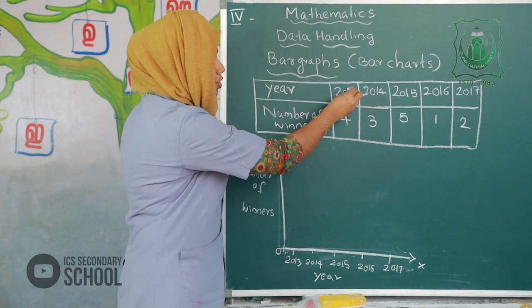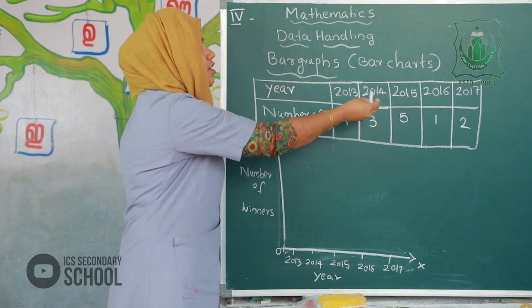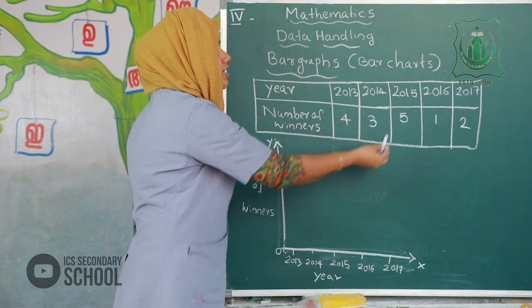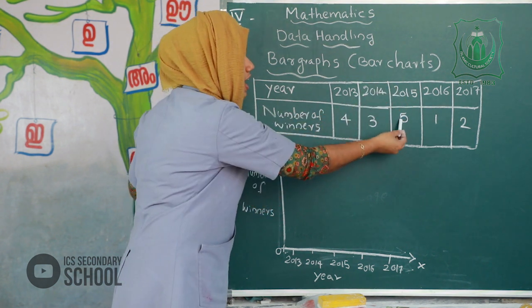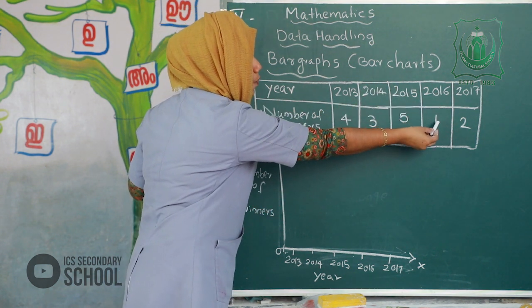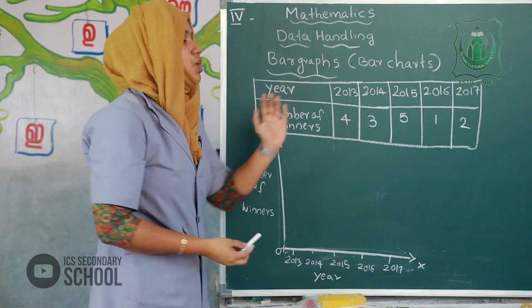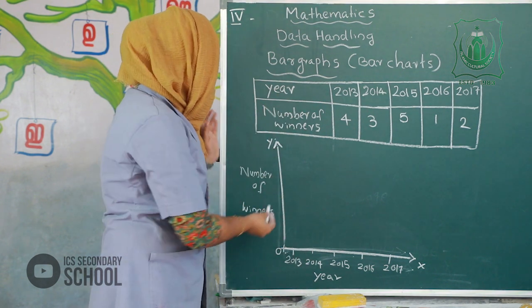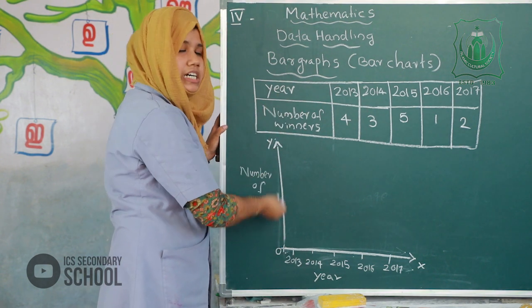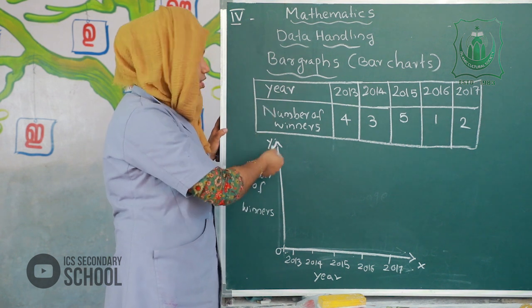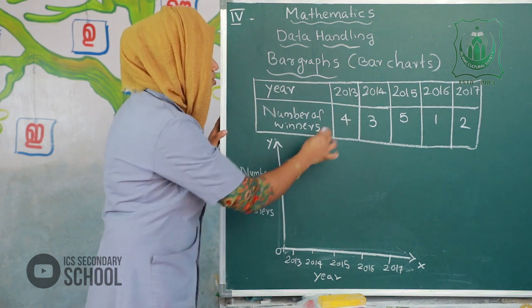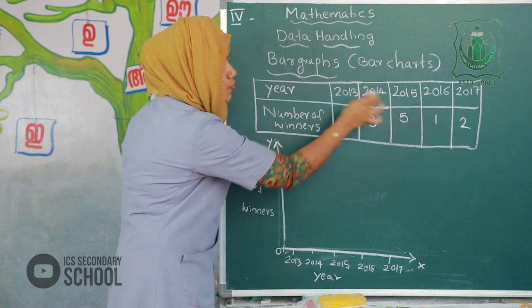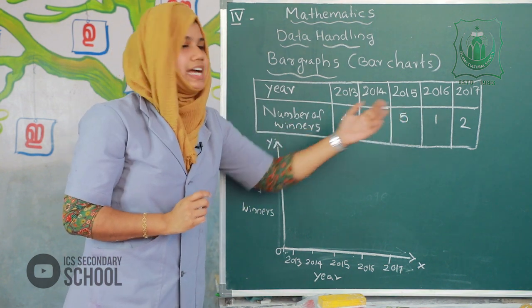Next, in 2013, 4 winners are there. 2014, 3 winners. 2015, 5 winners. 2016, 1 winner, and 2017, 2 winners. So, we can write the winners on the vertical line. The maximum data is 5.